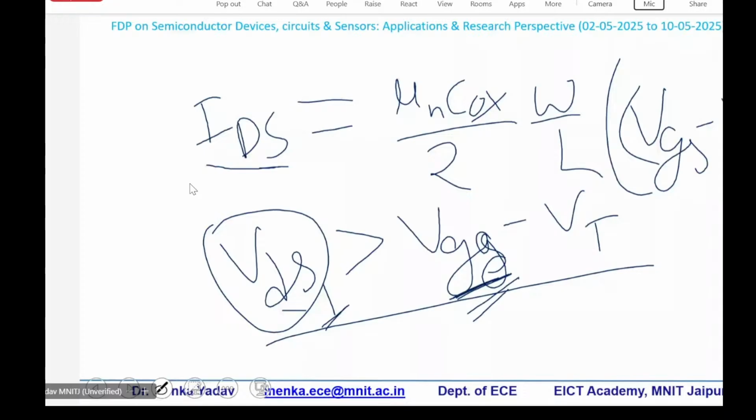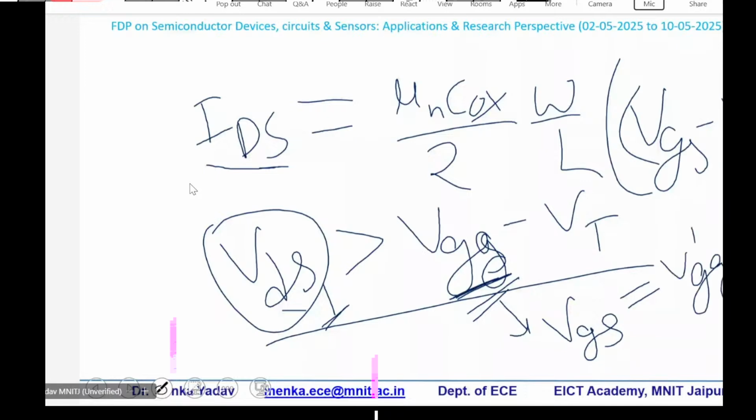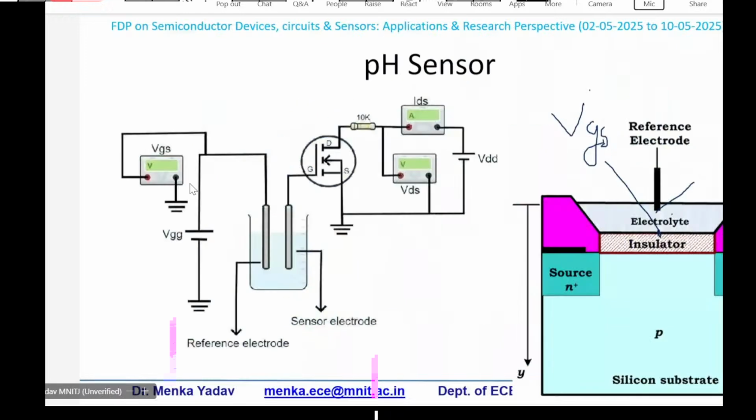But VGS is equal to VGG dash, meaning some drop from the reference potential, from the reference electrode to the surface of this insulator, because the surface of the insulator is going to work like a gate electrode, right?